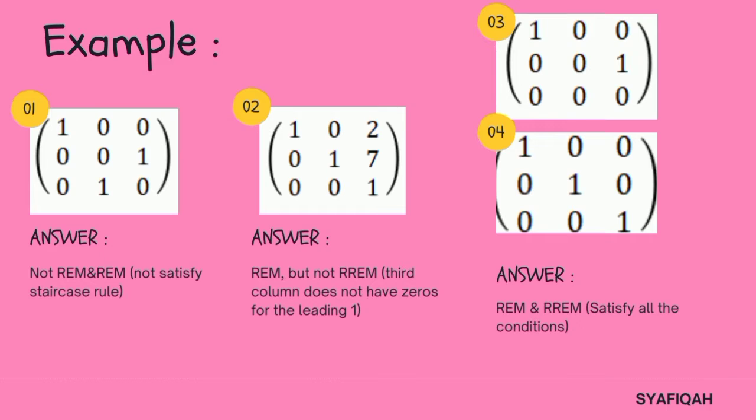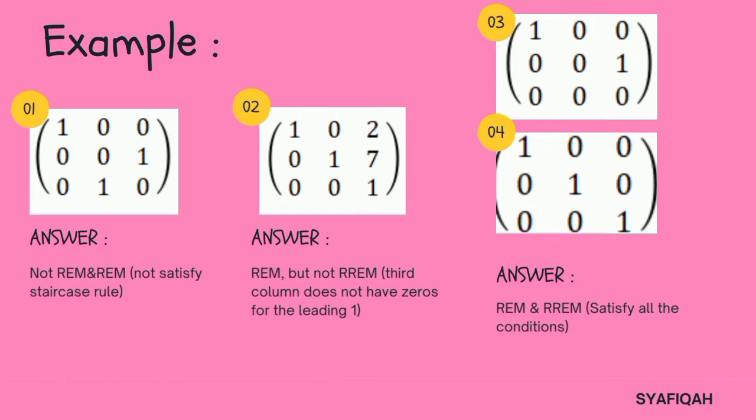Next example, the answer is REM but not RREM because it satisfies all the properties for REM but not the sixth property, which is for RREM, where the leading one in the third column does not have 0 everywhere else in it. As you can see, 7 and 2 are above the leading one rather than zeros.